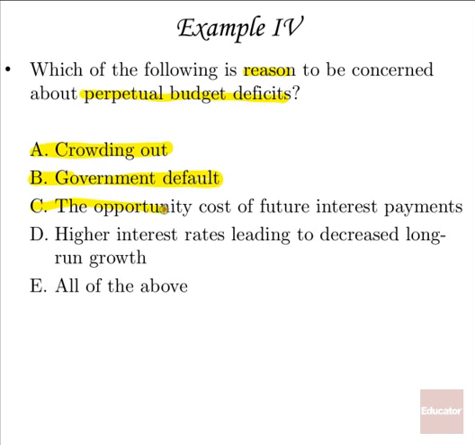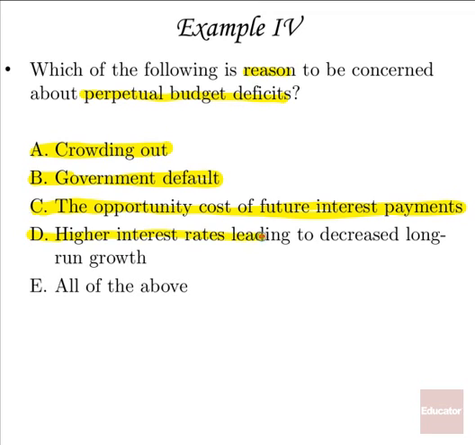The opportunity cost of future interest payments. Absolutely. When you accrue debt, you're adding interest and interest payments, and it gets higher and higher. So the current income is basically being used to pay interest. So as we build up a higher and higher deficit, basically it means less and less for future generations. Absolutely.